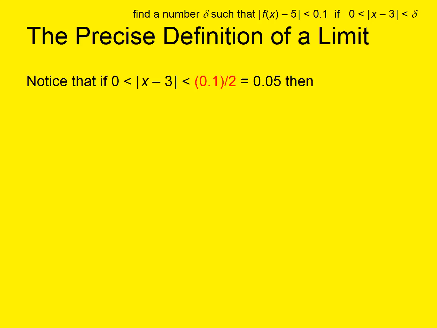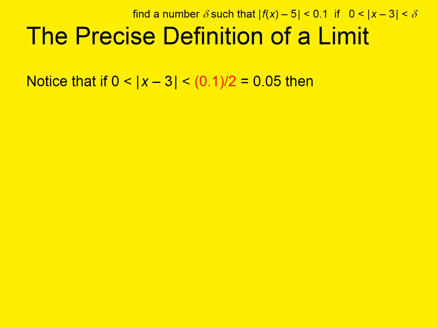So we're trying to find a number delta such that the distance between f of x and 5 is less than a tenth whenever the distance from x to 3 is less than this number delta that we have to find.